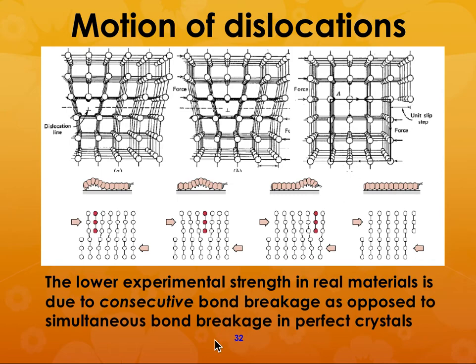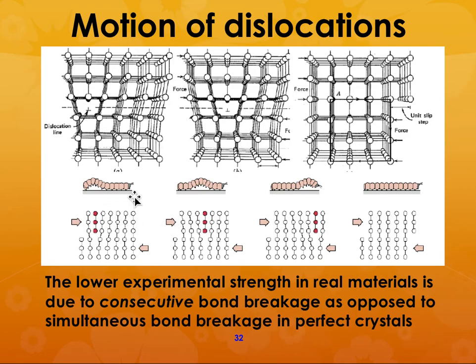Please take it as a given that the lower experimental strength in real materials is due to consecutive bond breakage as opposed to simultaneous bond breakage in perfect crystals.